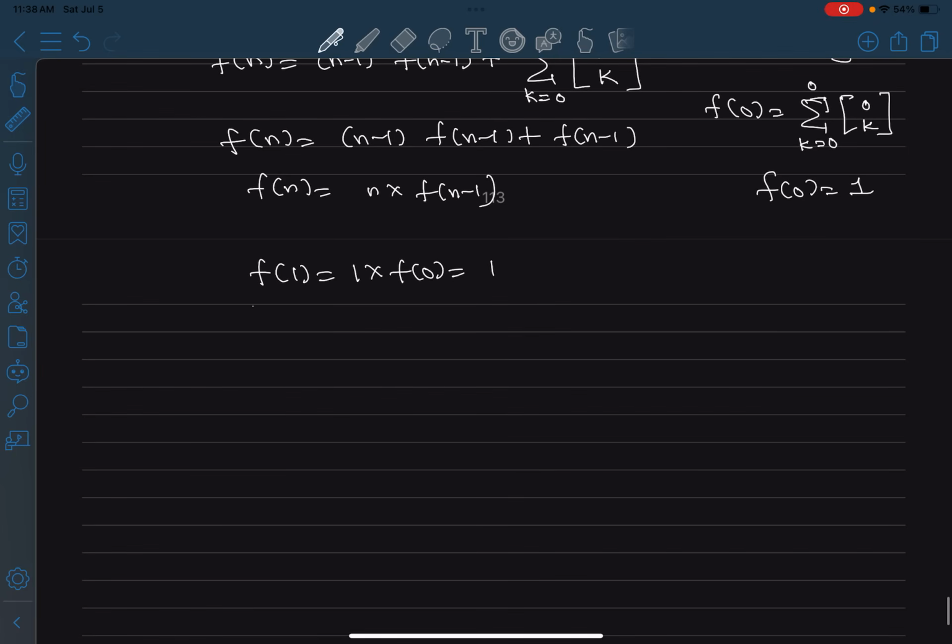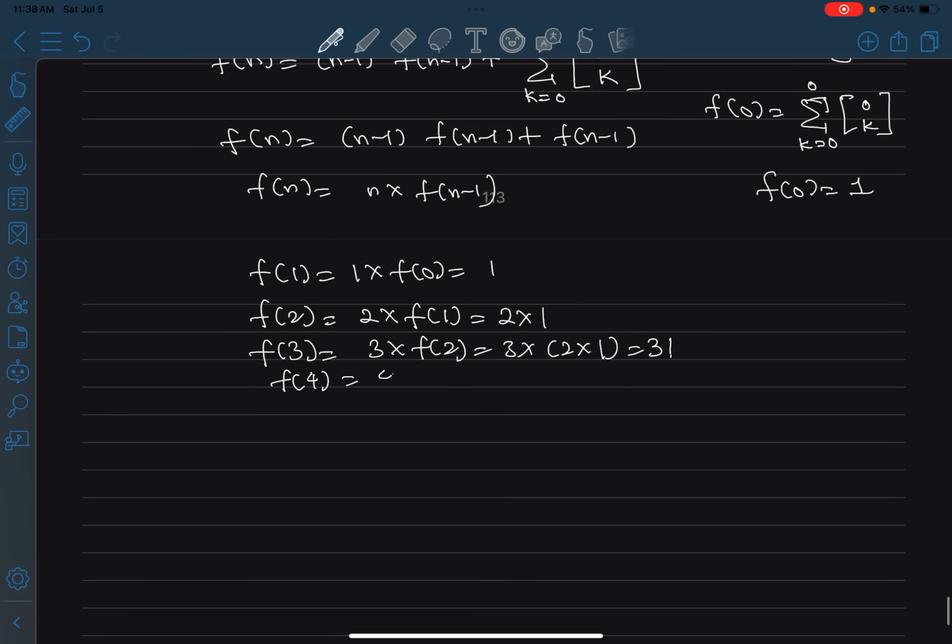And f of 2 is 2 times f of 1, and f of 1 is 1, so 2 times 1, right? f of 3 is 3 times f of 2. f of 2 is 2 times 1, so this is like 3 factorial now, right? And f of 4 is 4 times f of 3. f of 3 is 3 factorial, so 4 times 3 factorial, which is 4 factorial, right?